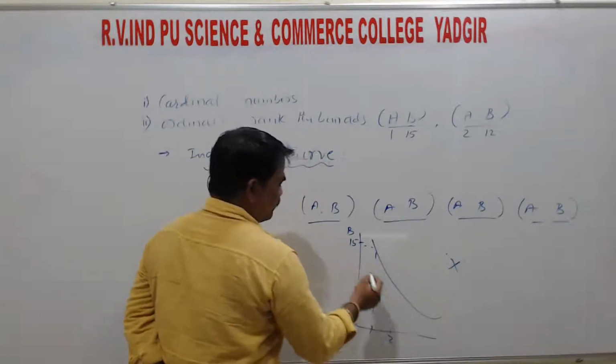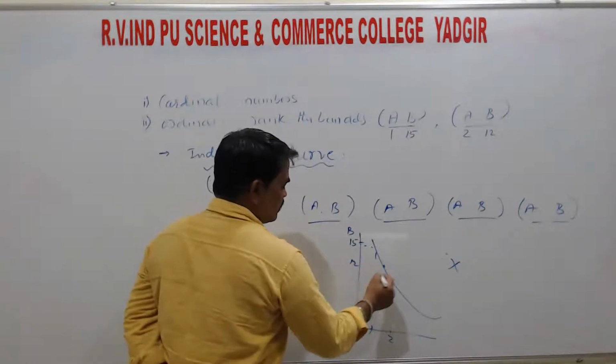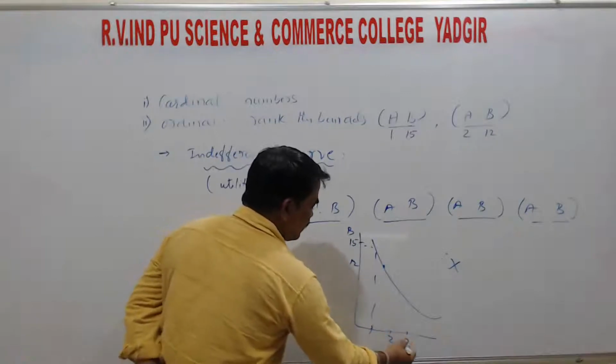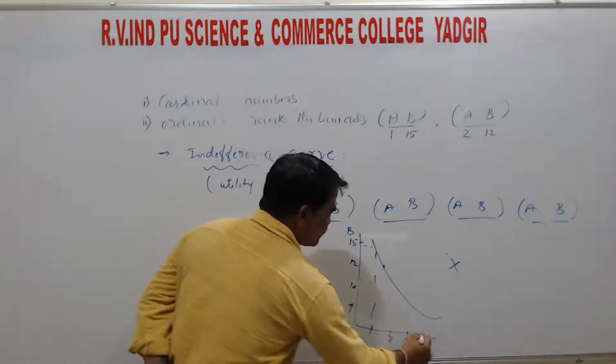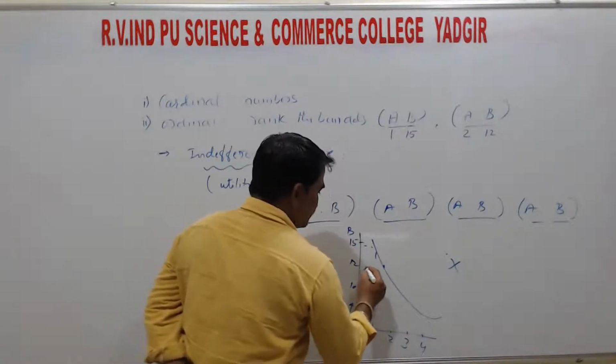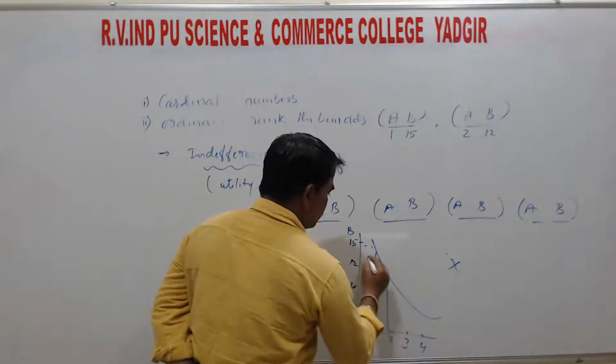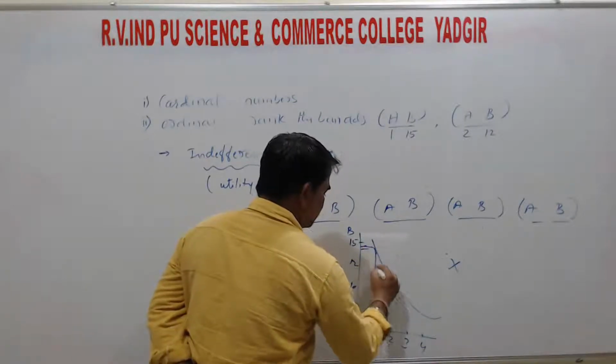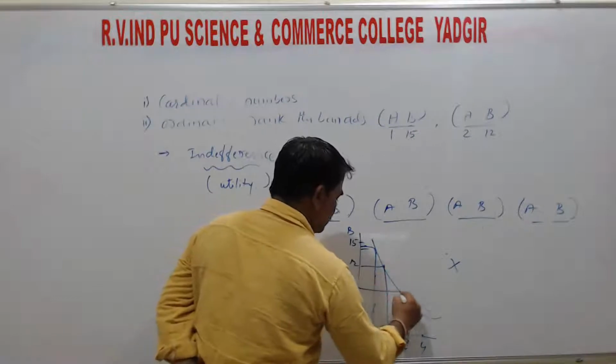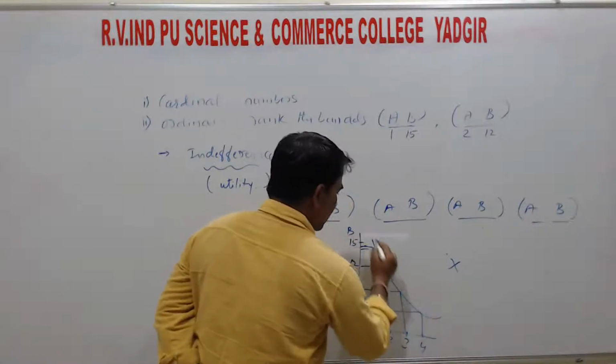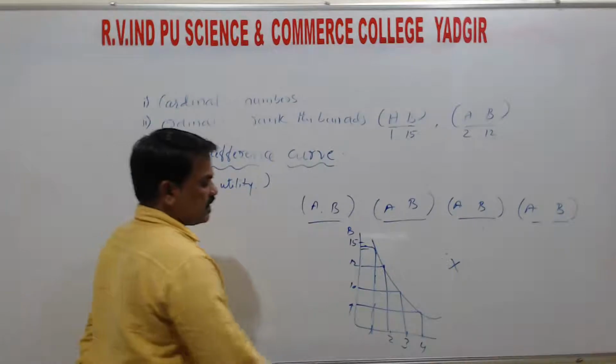2 apple, 12 banana. If it is third apple, 10 banana. If it is fourth apple, it is 9 banana. So the points look like this, and we will get this curve.